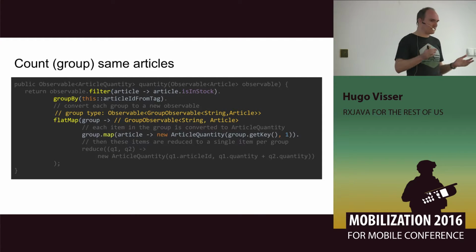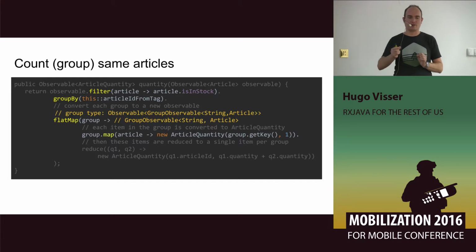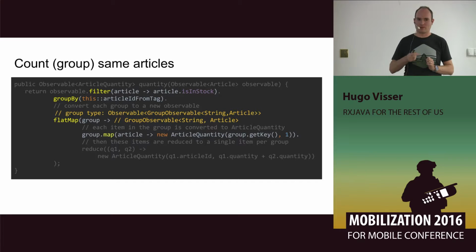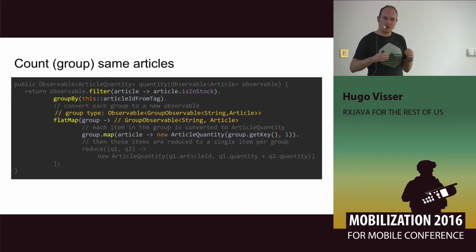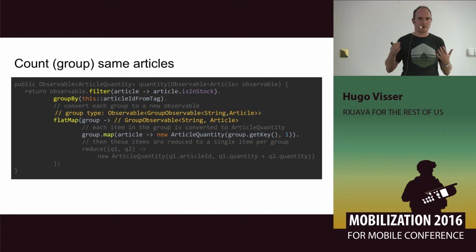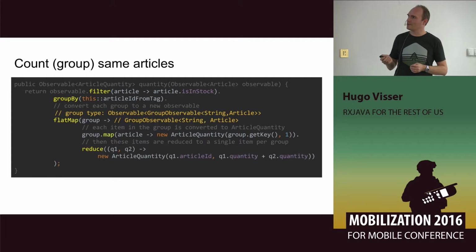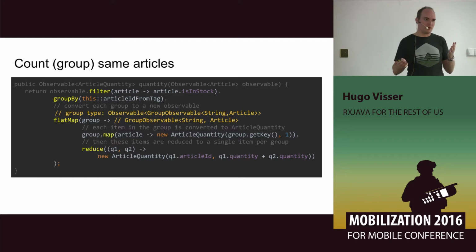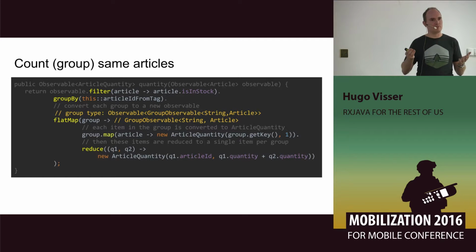So what happens now is that for every article in these groups, we have created an article quantity object. So we're saying, well, here's 1, here's 1, here's 1. Now we want to sum up every article in this group, and there's another operator for that. It's called reduce. And what reduce does is it takes 2 objects and expects you to create 1 object out of it.